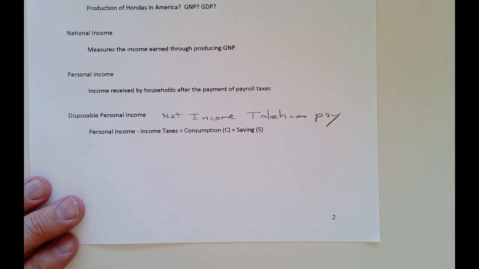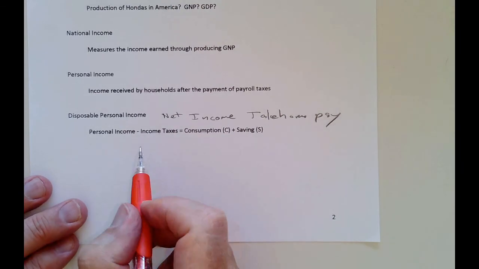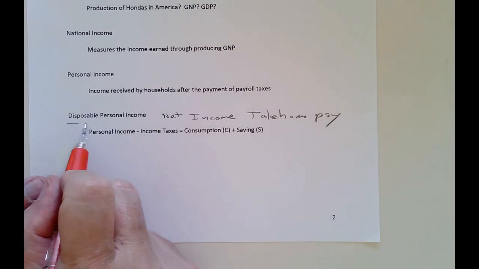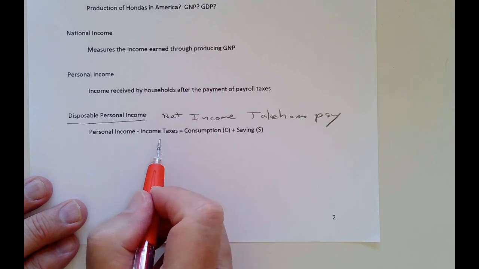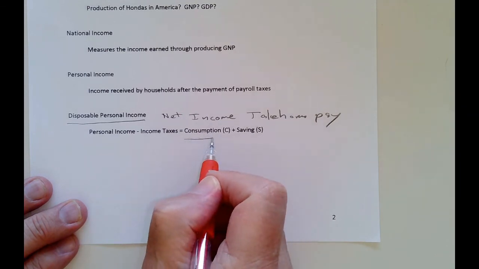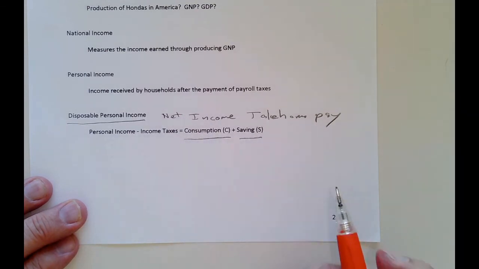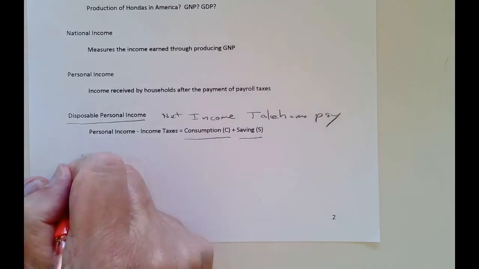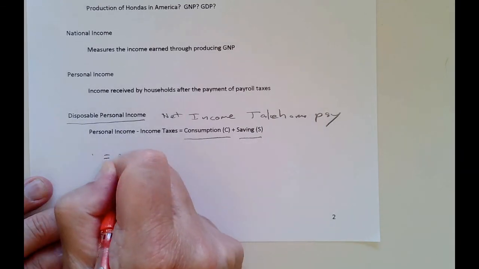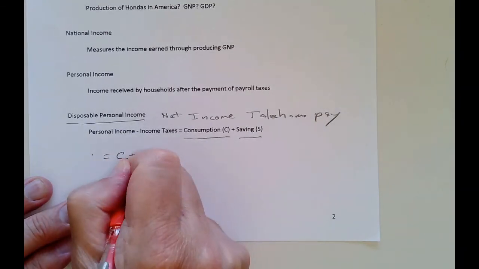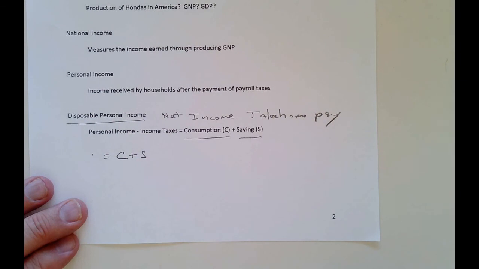And so there are two things to do with your disposable personal income, because you already paid your taxes. You can either consume or save. So you can also think of your disposable income as equal to consumption C plus saving S, because there are two things to do with your money. That is, again, after taxes, spend or save.